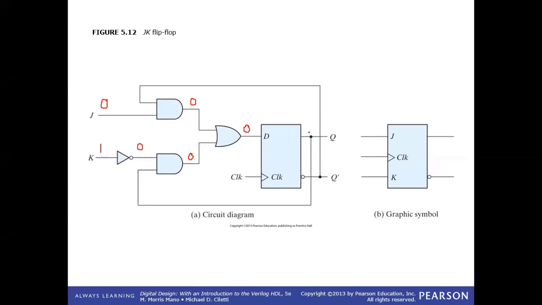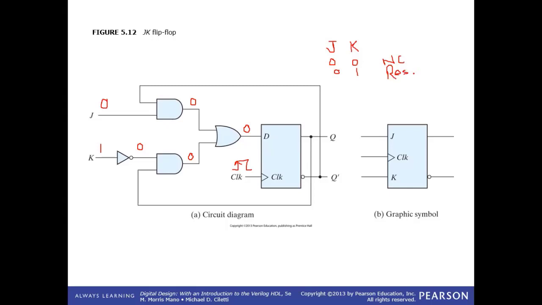But what happens if D is equal to 0? The Q is definitely going to be equal to 0 whenever we have a positive edge of the clock, right? So this means that for J and K equal to 0, 1, we have the reset state.